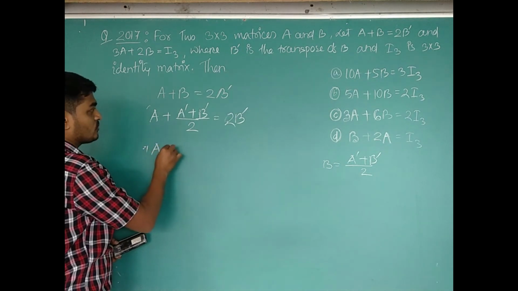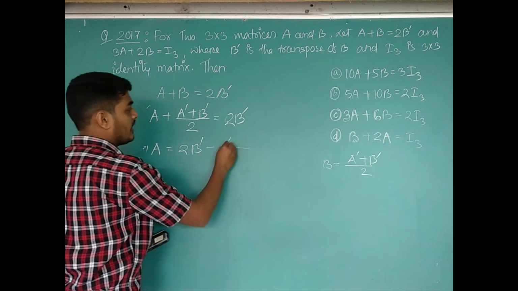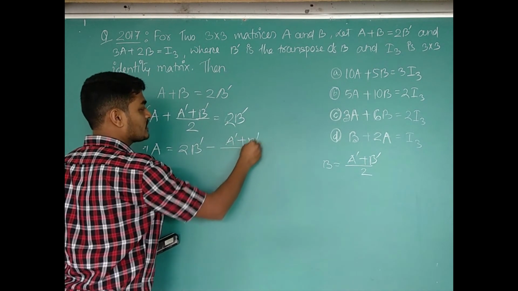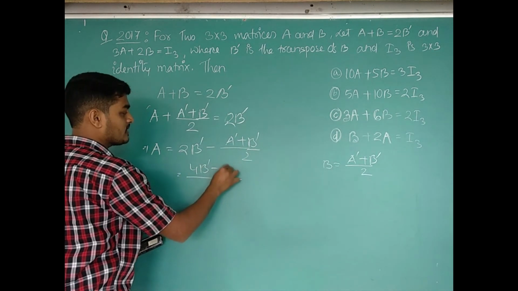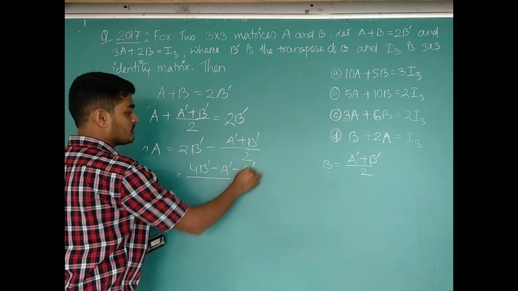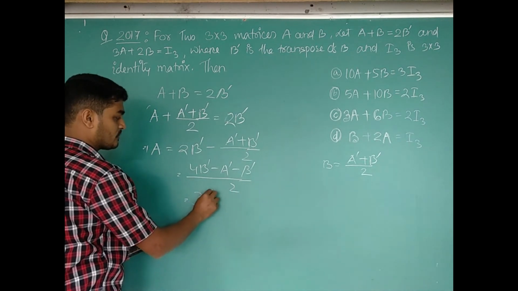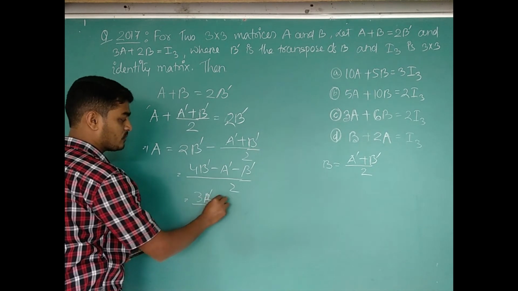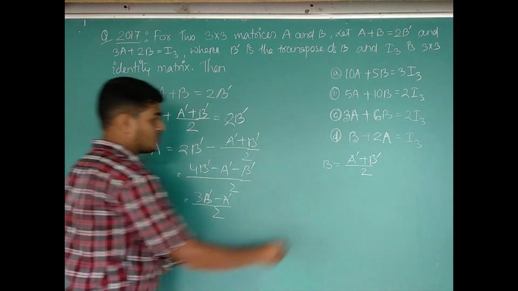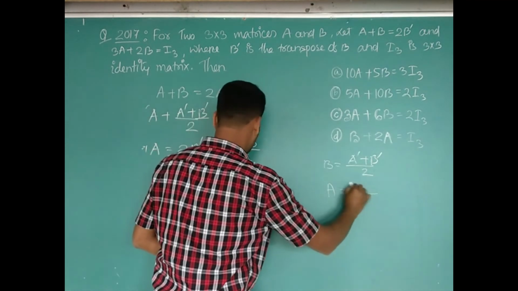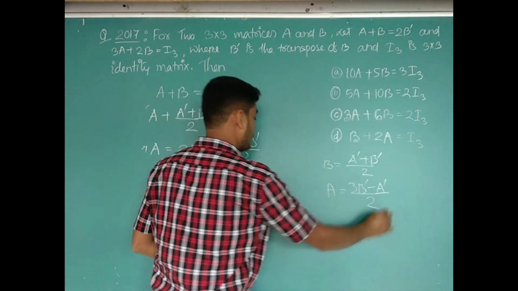So A is equal to twice B transpose minus A transpose plus B transpose by 2. So 4B transpose minus A transpose minus B transpose by 2, which is equal to 3B transpose minus A transpose by 2. Is it clear? That means we have got the value of A also, which is equal to 3B transpose minus A transpose divided by 2.